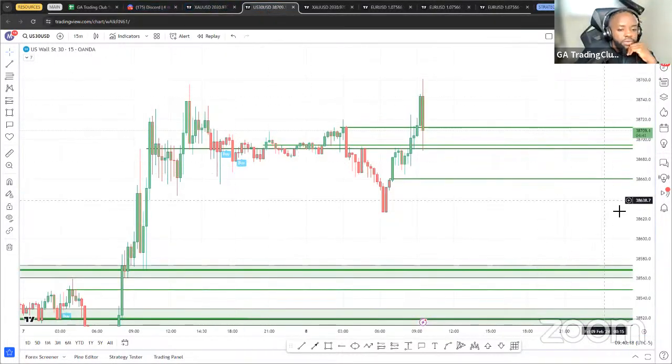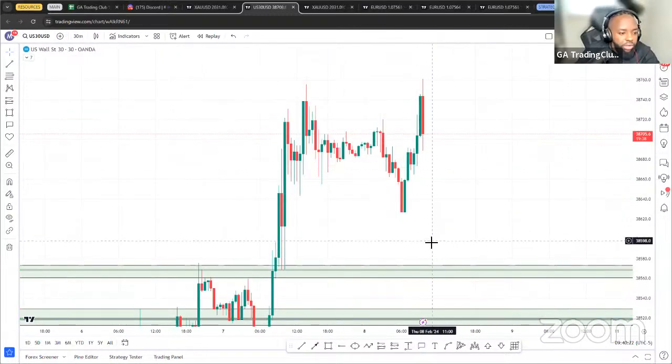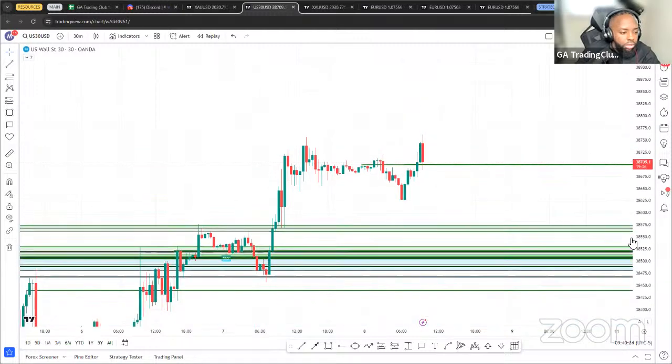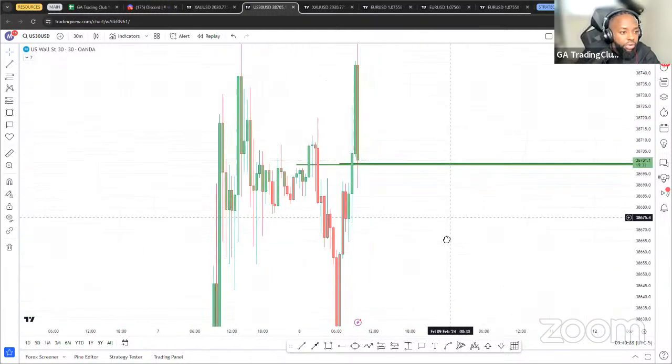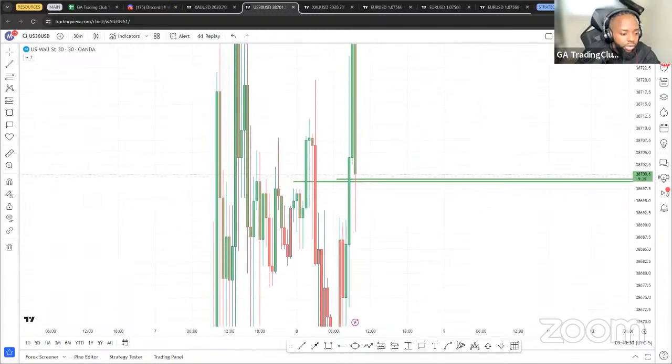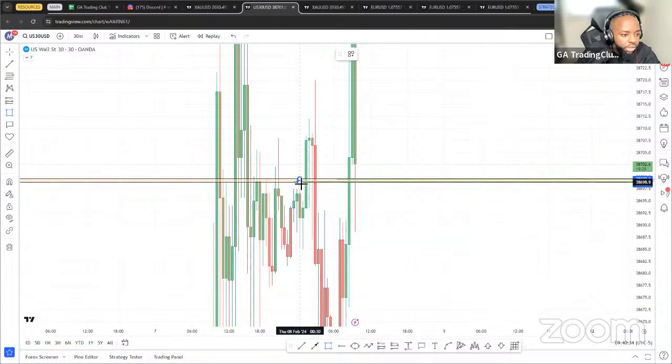All right. So let's start marking up the zones that we have here. On the 30-minute, oh, this is a break and continuation of a double SAR for a buy on US 30. So actually, I'll buy US 30 now.